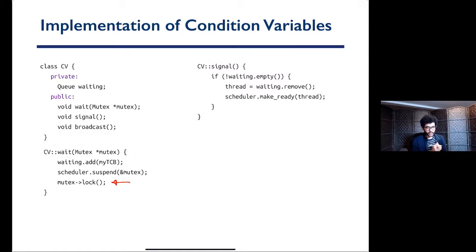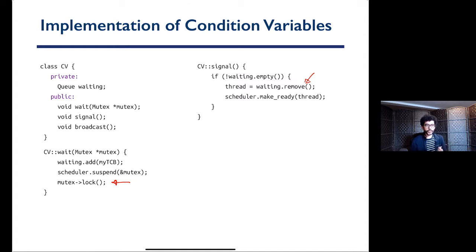Now let's look at signal. Signal is going to look at the waiting list, and if it is not empty, then it's going to remove a thread from the waiting list. Now here, this remove doesn't necessarily need to be FCFS. You probably have some implementation of remove. There might be some policy on who to wake up, but let's put everything under the umbrella of the remove function.